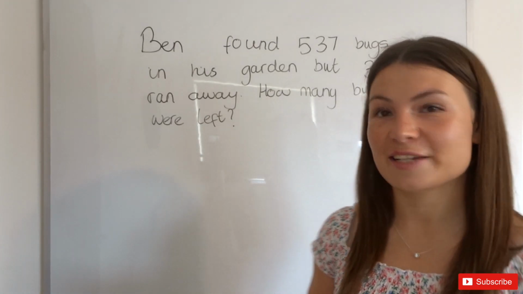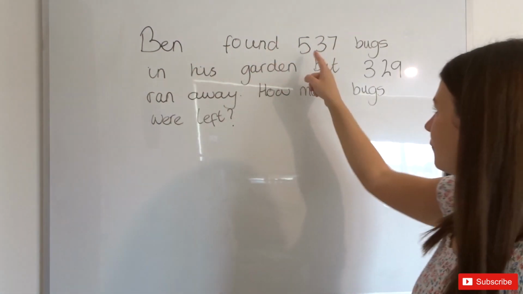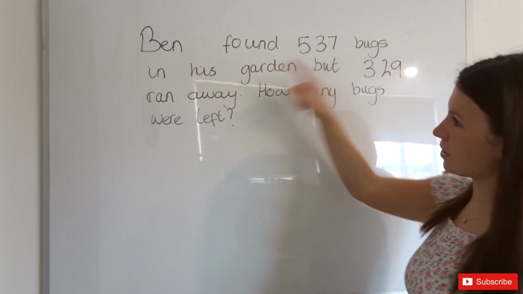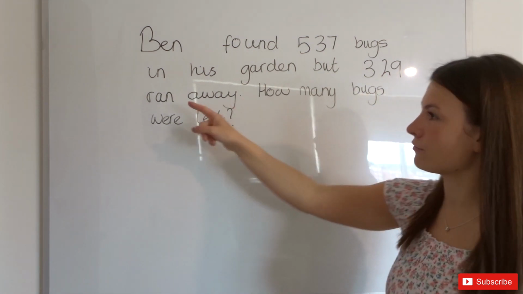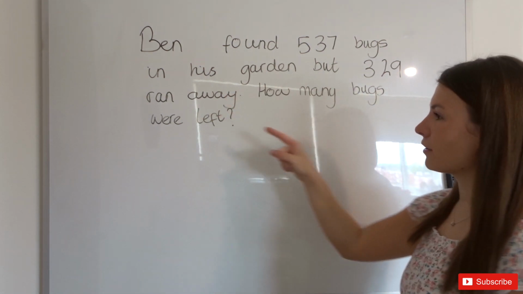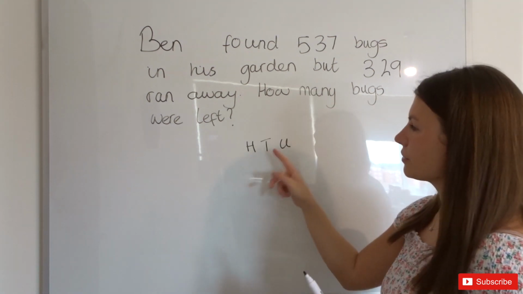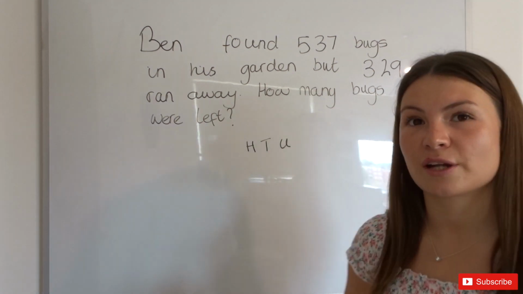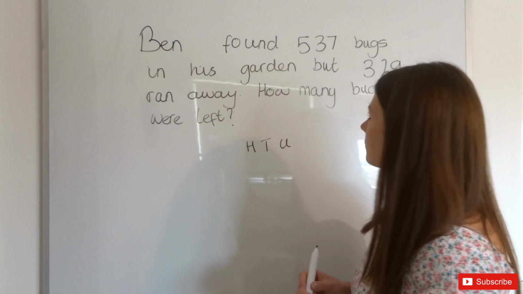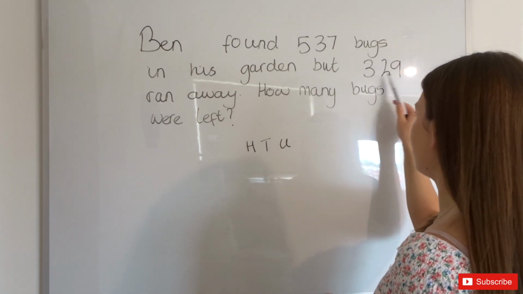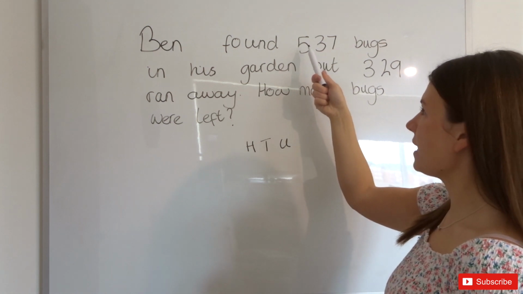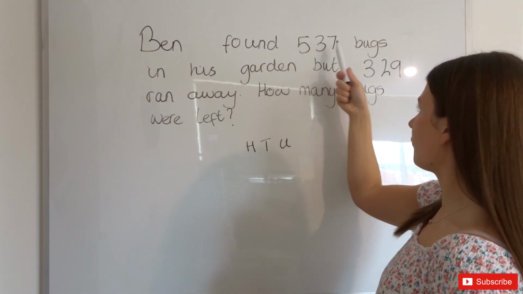So here is the next question. Ben found 537 bugs in his garden, but 329 ran away. How many bugs were left? So I've put my hundreds, tens and units, but what is the question asking us to do? It's asking us to take 329 away from 537.